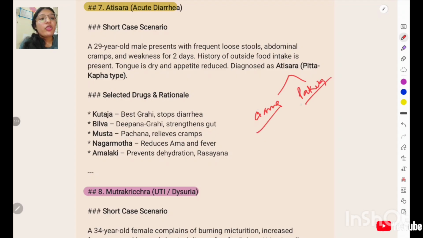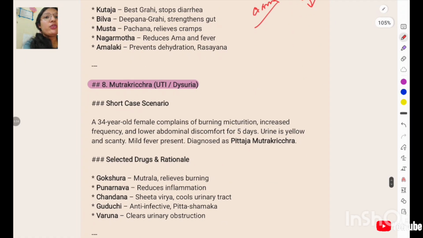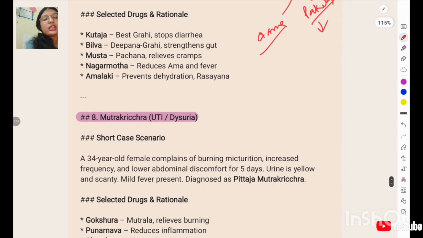For example, Kutaja is Shita Virya, so it is good for Pakwatisara, and maybe it's not that much good for Amatisara, because in Amatisara you have to give Ushna Virya drugs. So Musta you can give, Amalaki you can give, Bilva you can give, and you can give Shalmali also if it changes to Raktatisara.